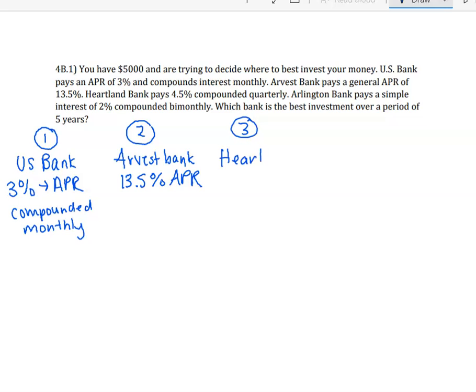Heartland Bank was a 4.5% APR, and it's compounded quarterly.